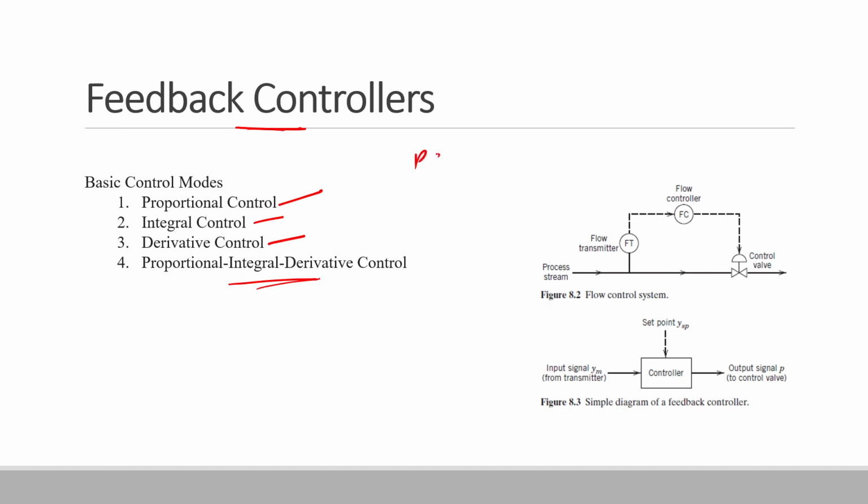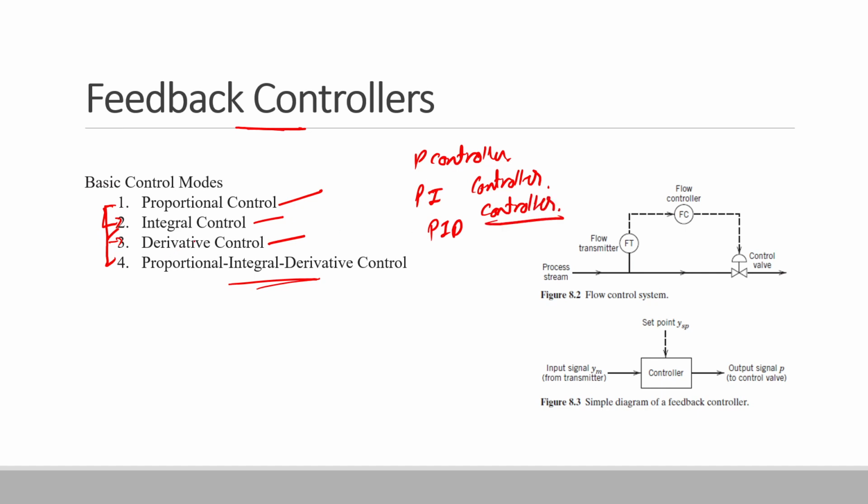So basically we can have a P controller, then we can have a PI controller based on the combination of these two, and then we can have the combination of all 3, that is the PID controller.